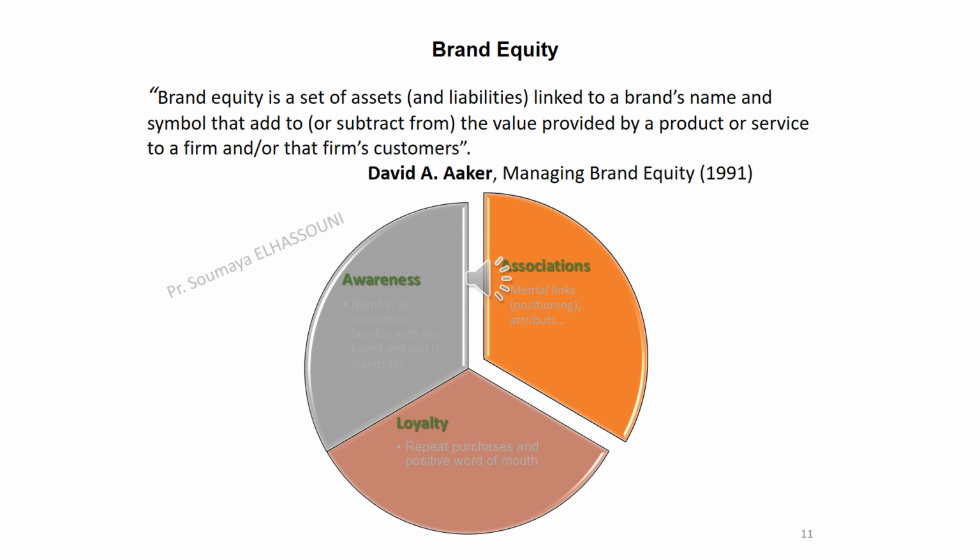It's all about those mental connections that consumers make with the brand. It could include perception of quality, emotional connections, and even social identity. The social identity that is linked or tied to the brand is also considered a brand association.